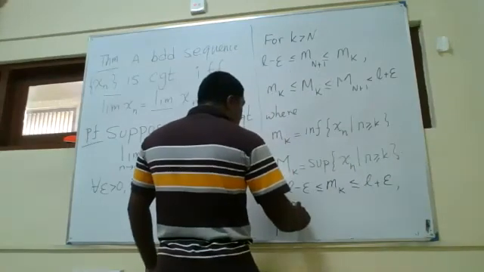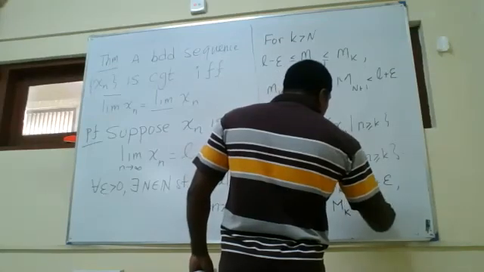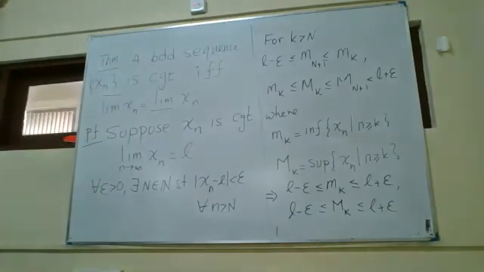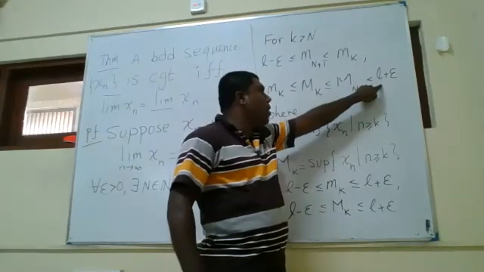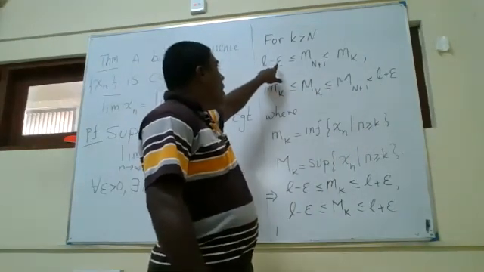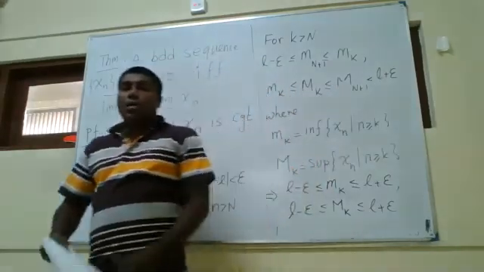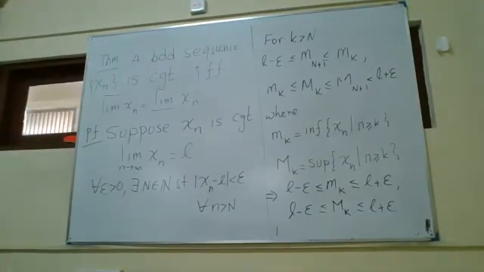At the same time, L minus epsilon is less than or equal to capital Mk less than or equal to L plus epsilon. If you combine both of them, you get the definition of upper limit and lower limit.